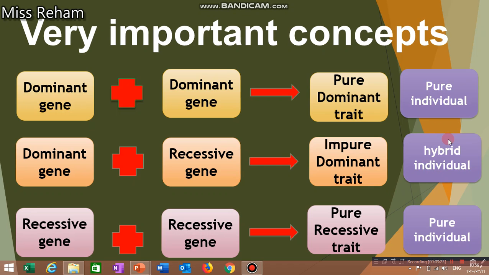Again, number 1, who can tell me what is meant by pure individual? We have a pure individual here in the first case and pure individual in the third case.